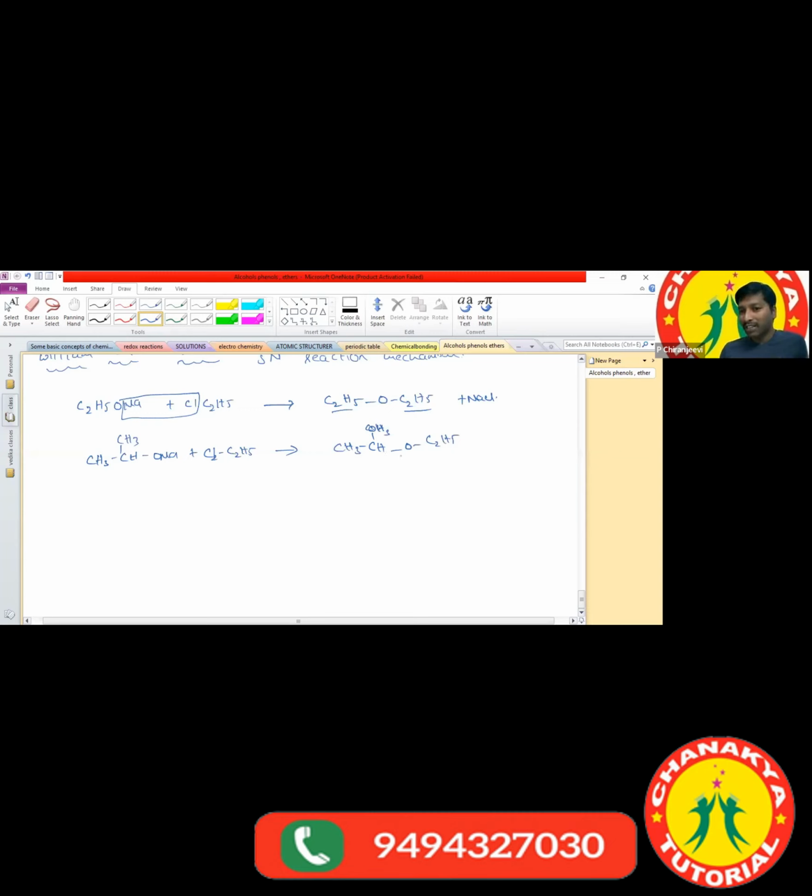Ethyl isopropyl ether is an example of an unsymmetrical ether.